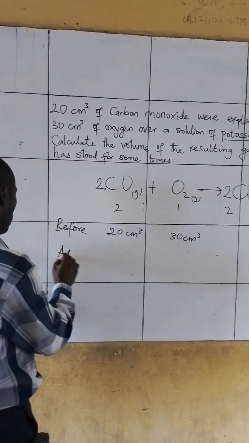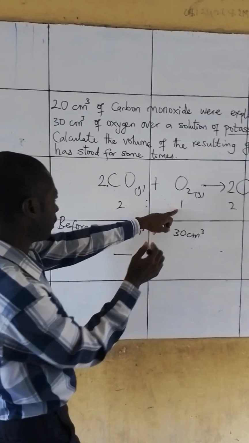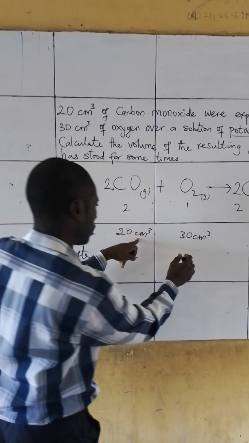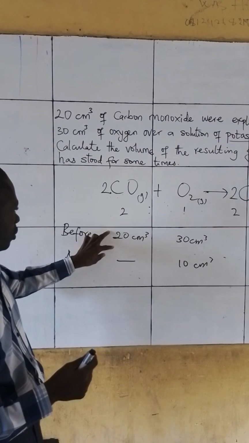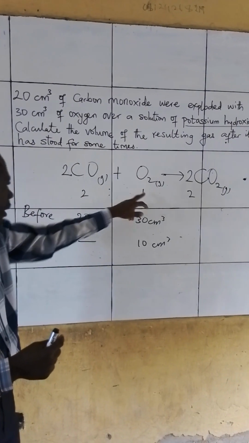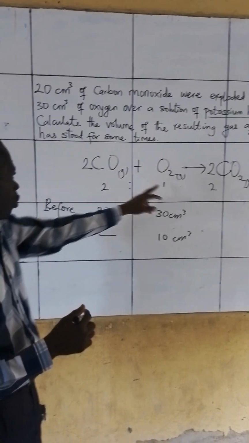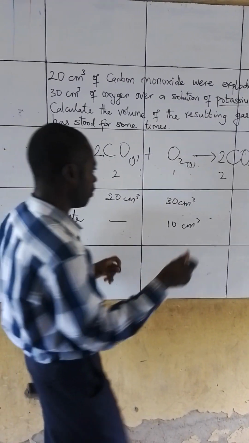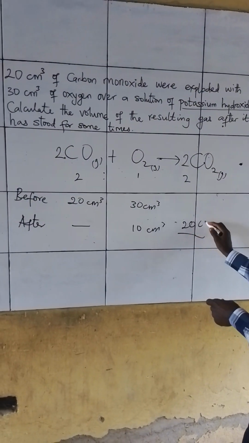So after the explosion, what will happen? If all of 20 is used, ratio 2 to 1 of 20 will be 10. Very simple. That means if you have 20 volumes of this, 1 of it will be 10, and then 2 ratio of it will be 20 cm³.